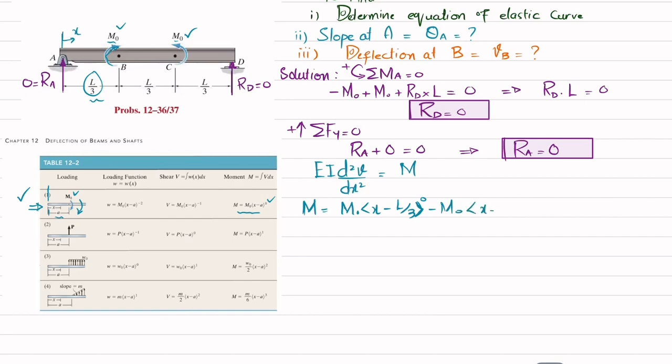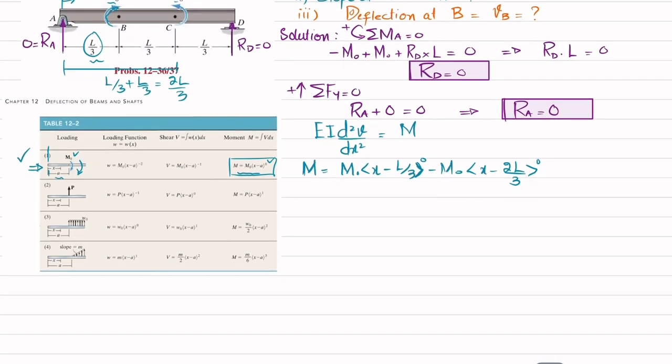So, x minus, now here for this M naught, a will be equal to 2L by 3, because L by 3 plus L by 3 will give you 2L by 3. So a will be replaced with 2L by 3 and power will be equal to 0 because this is given in this formula. So this is your moment equation. If you simplify it, you will get the same equation.